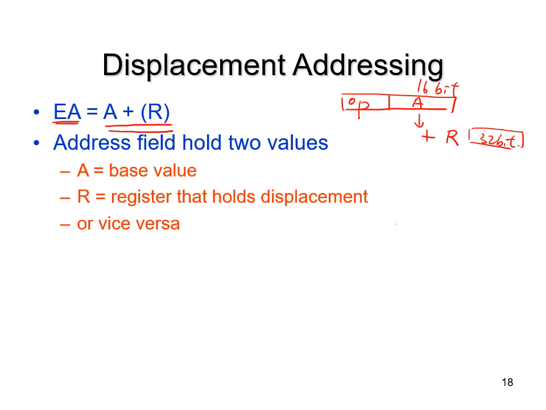Then you may consider the effective address to become a 32-bit address, and that means it can access a larger memory. Here the two values specified are that A is the base value, and R is the register address that holds the displacement.